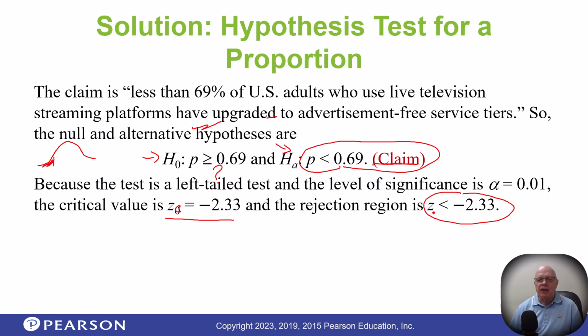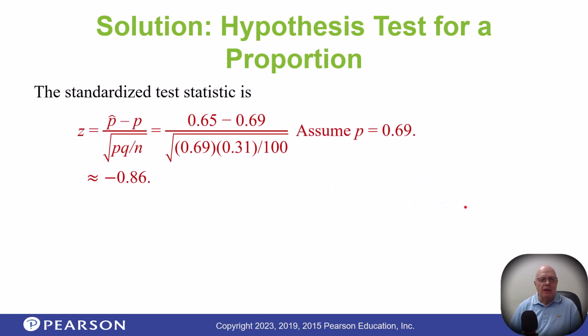So if my test statistic is less than that, we'll reject the null hypothesis. But we have to find out what that test statistic really is. This is the value we got from our sample. Subtract that from what we're comparing it against, the 0.69. That goes in the numerator.